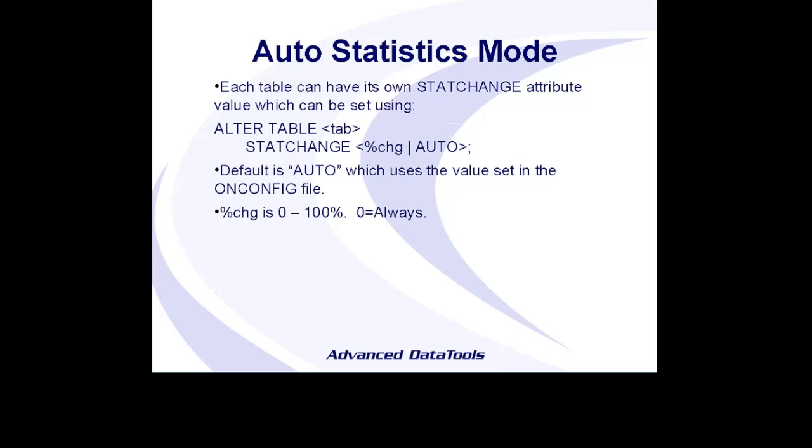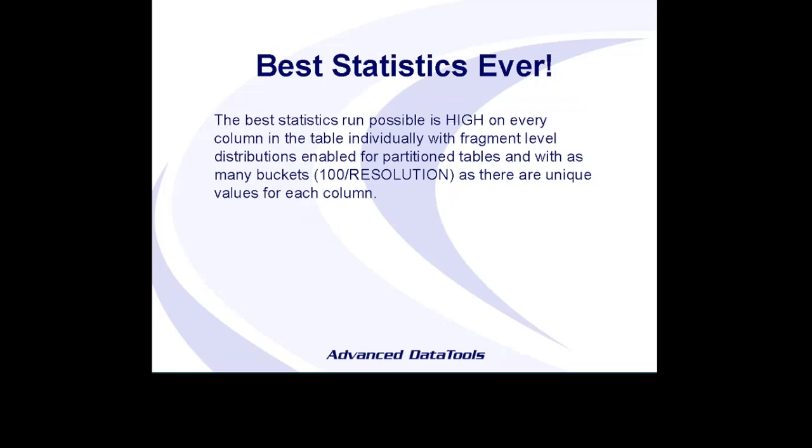One question I often get is, what is the best way to calculate update statistics? The very best statistics you can possibly get would be to run update statistics high on every column in the table individually, one column at a time, with fragment level distributions enabled for partitioned tables, and with the number of buckets or the resolution set high enough that there are the same number of buckets as the number of unique values in the column.